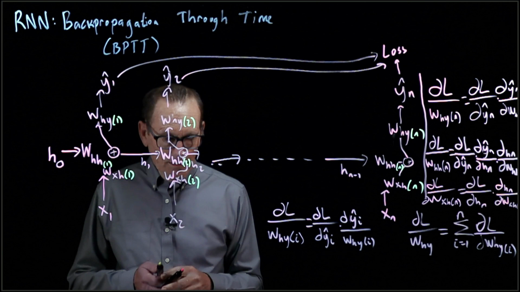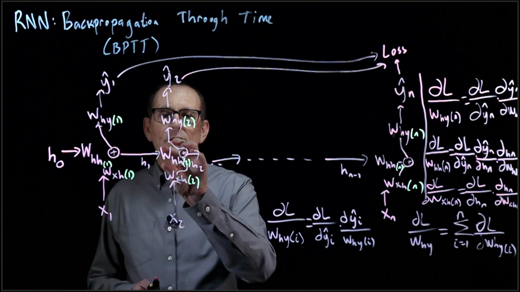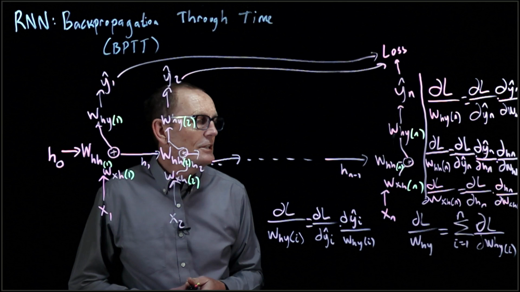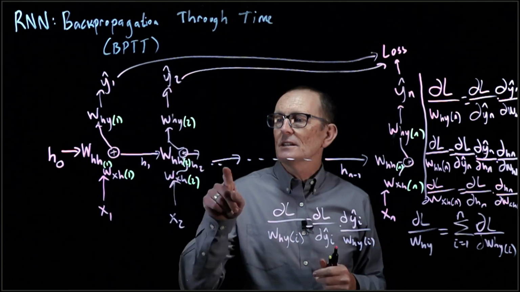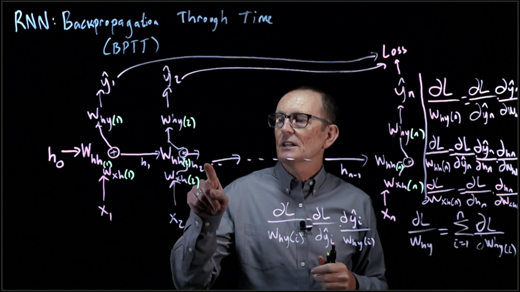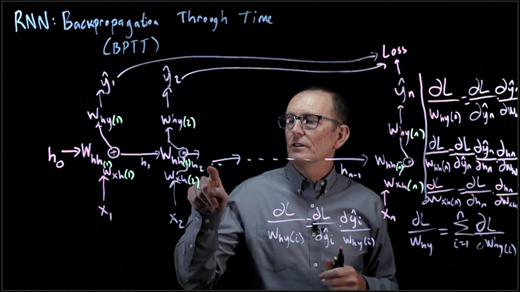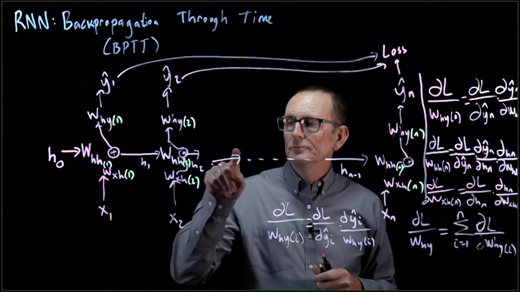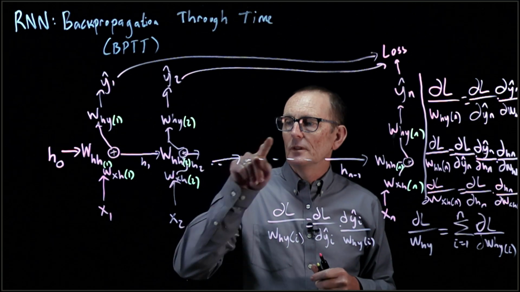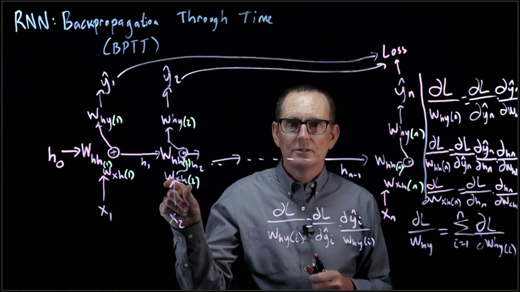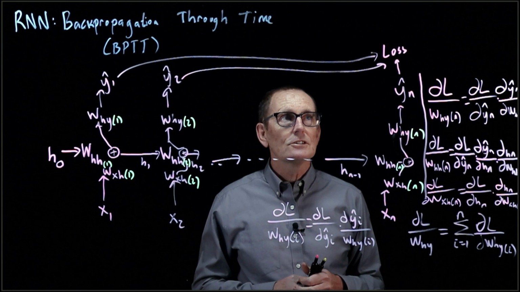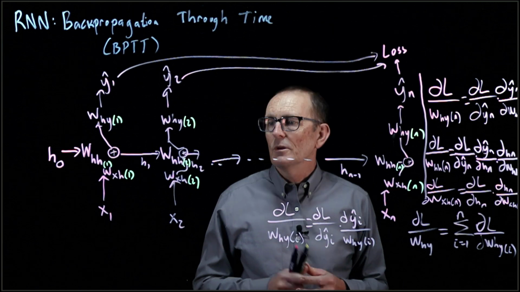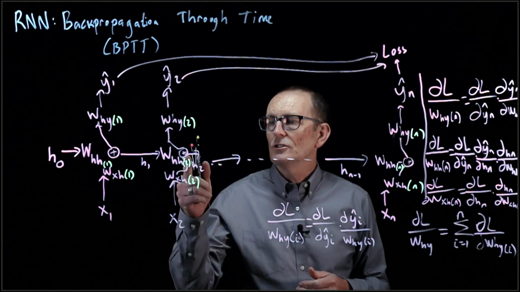Let's look at a particular entry here, right? So in general, if we have the partial derivative of L with respect to some particular h, we can then get the partial derivative of the loss with respect to some particular WXH at a particular time step, and similarly some WHH at a particular time step. So let's look at how then to just update the loss with respect to an h sub I.